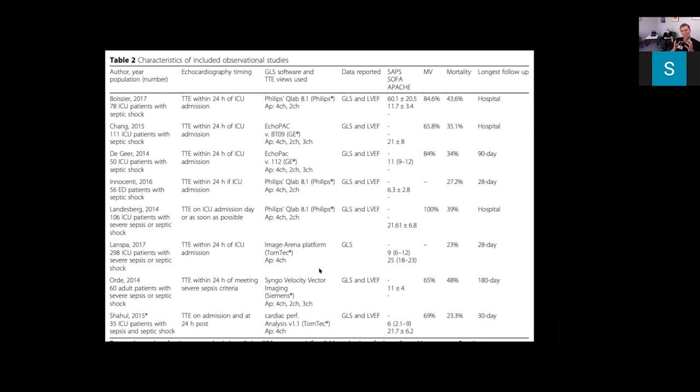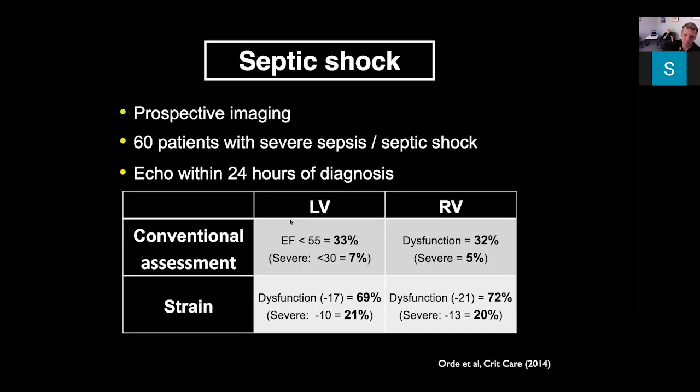And a lot of these studies did not talk about how they selected their strain curves. So I'm not saying the study's wrong, I'm just saying you've got to take the results with a pinch of salt, and that may change the results, I don't know. But going forward, I think we've got to be a little bit more robust about how we do our speckle tracking in the critical care literature.